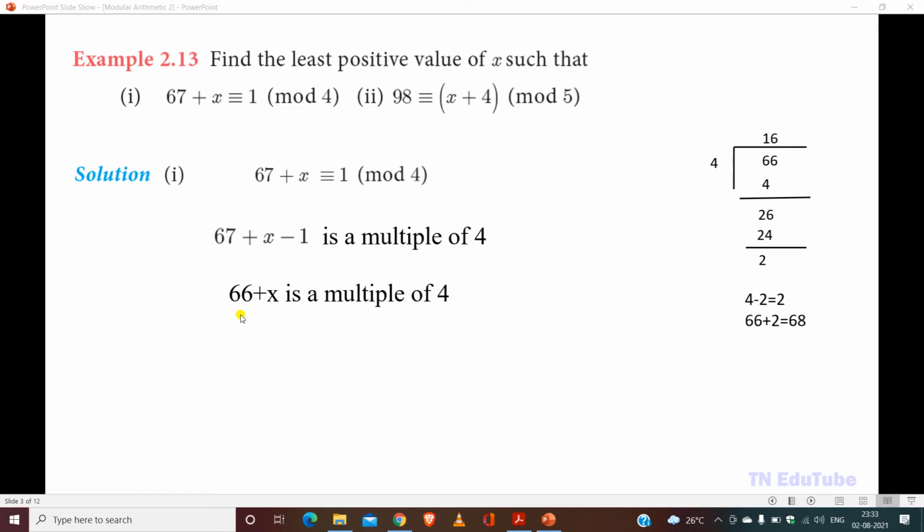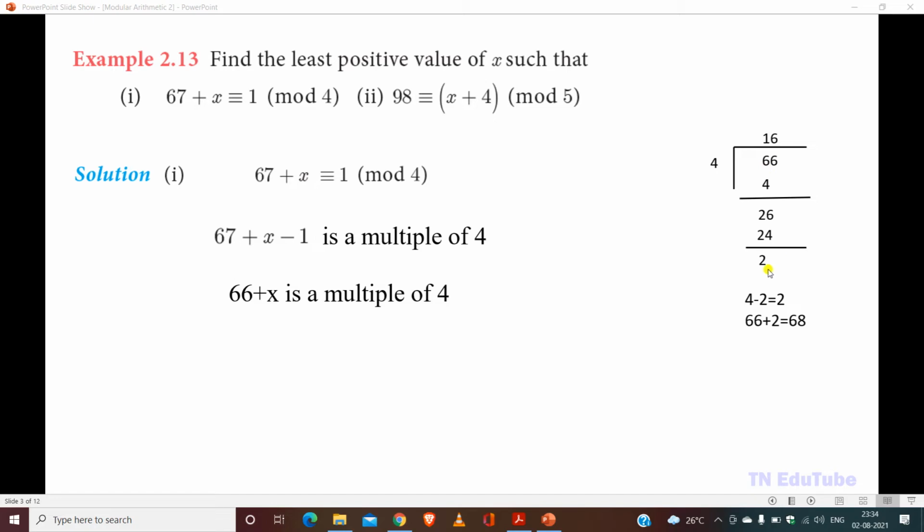So we can find the least value that you have to add to 66 so that it becomes a multiple of 4. Here it is plus x, isn't it? So you want to find out what number should be added to 66 so that it is divisible by 4. We can just divide 66 by 4.